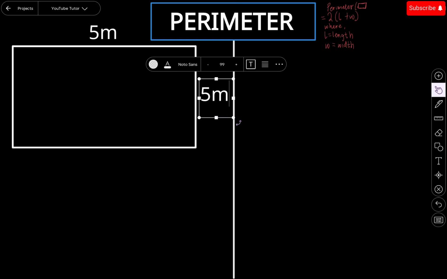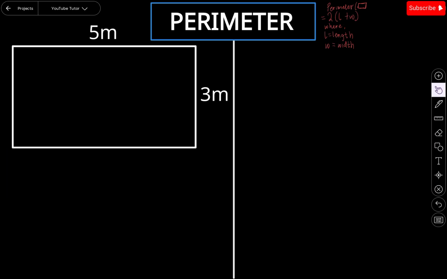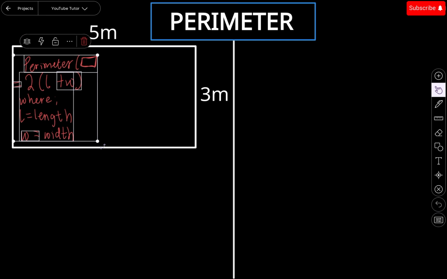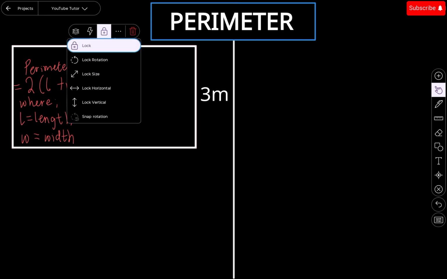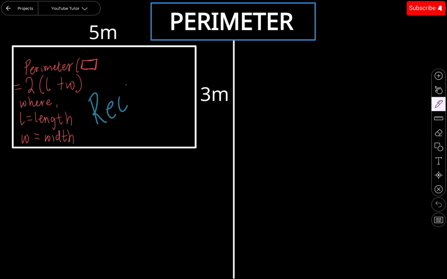So this is 3 meters. Alright. So we have 3 meters here. Now this is coming into play. So we know that is also for this. Alright, so with the analogy I've given you, this is a rectangle.